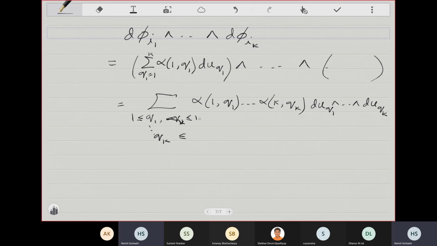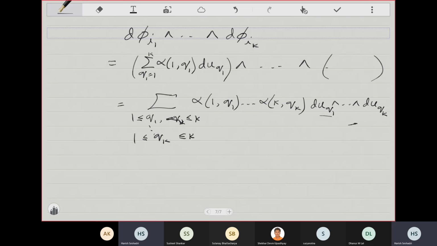Now we have seen terms like this many times, and we know that the crucial property underlying all this is the anti-commutativity of wedge products of one forms. So one immediate consequence is that if qi equals qj, the term won't even appear here. This part will be 0.